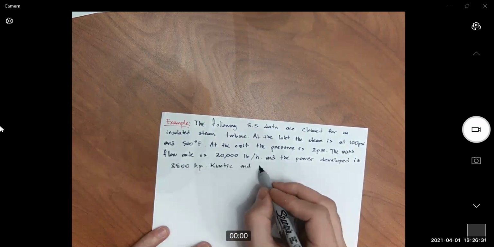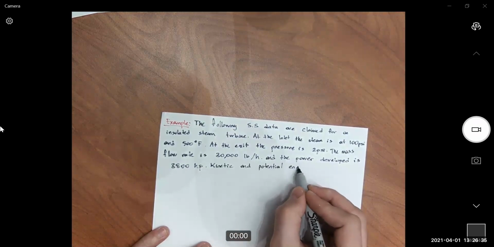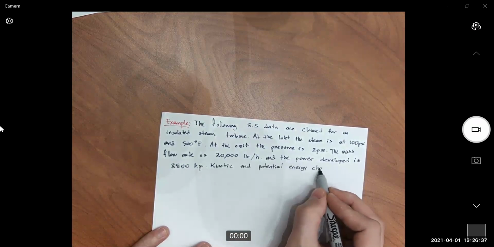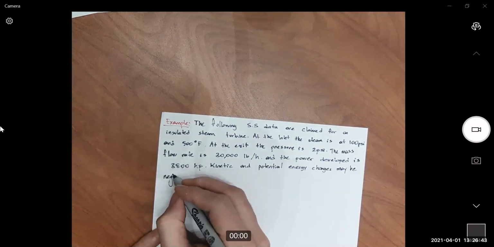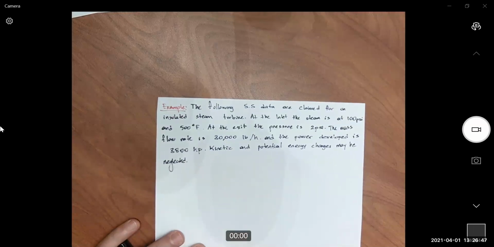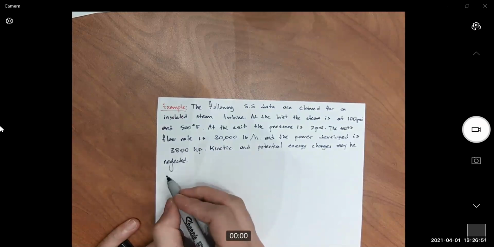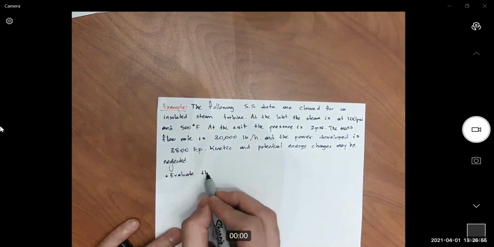Kinetic and potential energy changes may be neglected. Evaluate this claim.